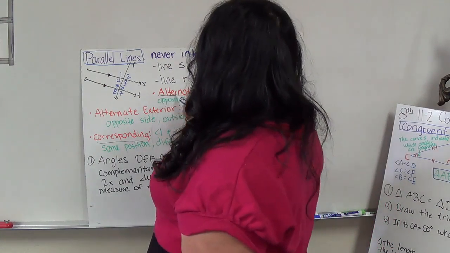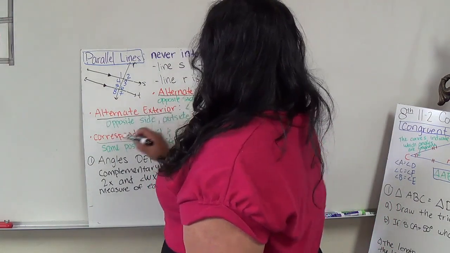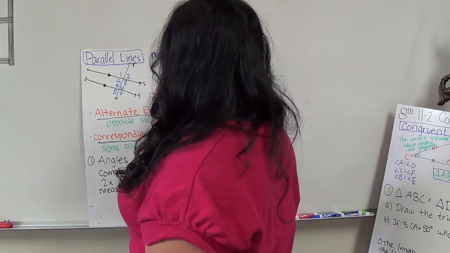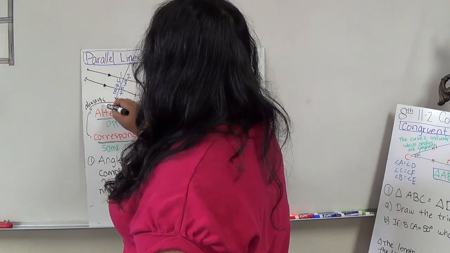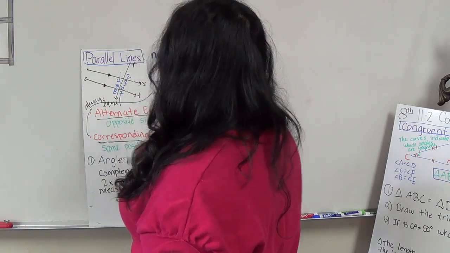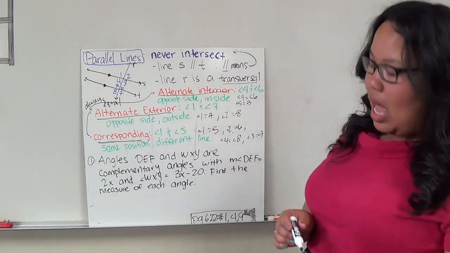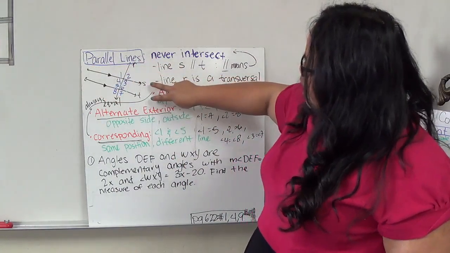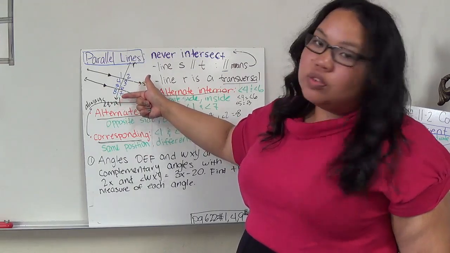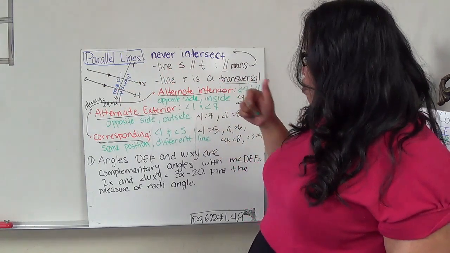So these are always equal. And again, the reason why they're equal is because you have these two parallel lines, and then you have a transversal that sticks through them.